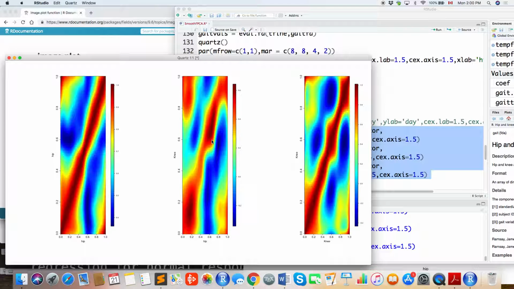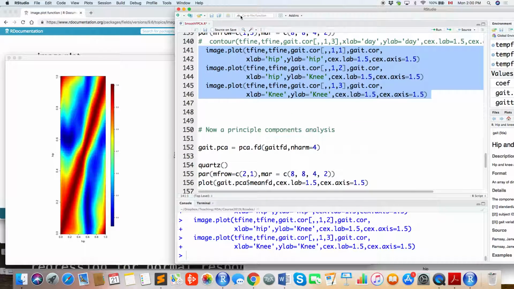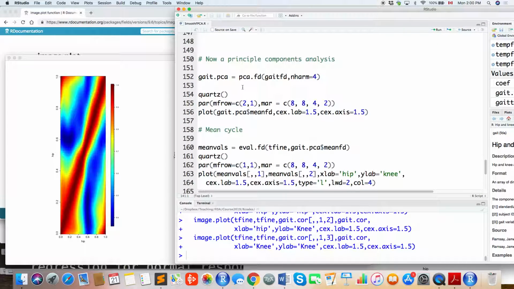If they are far away, then the correlation becomes very small, only 0.2. So this is 0, this is 0.2, this is minus 0.2. Actually, this is part of the negative correlation. Anyway, this is how you look at the correlation between two functional covariates.